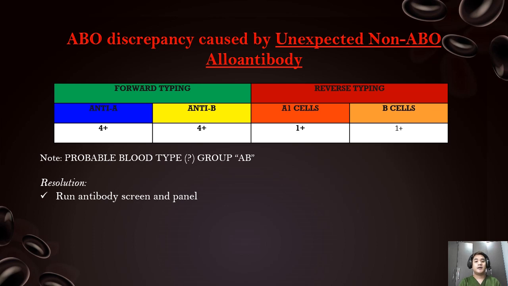And the expected reverse or serum antibody typing results must show absence of agglutination reactions. However, in this particular result data, there is a demonstration of a weak reaction on both A1 and B cells in the reverse typing, which is most likely to be considered simply as weak reacting alloantibodies.